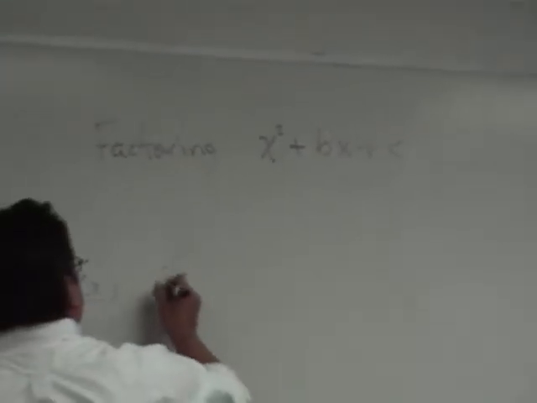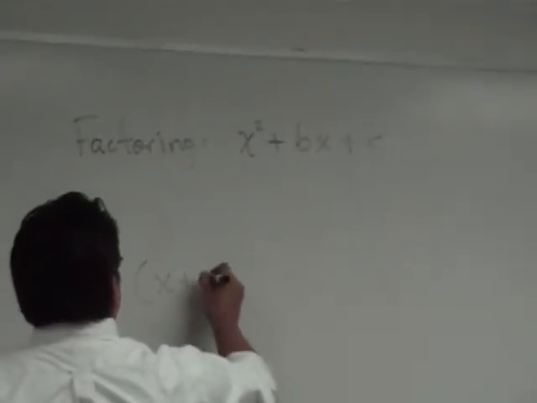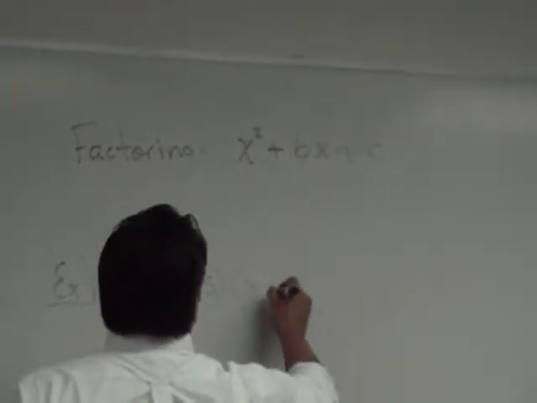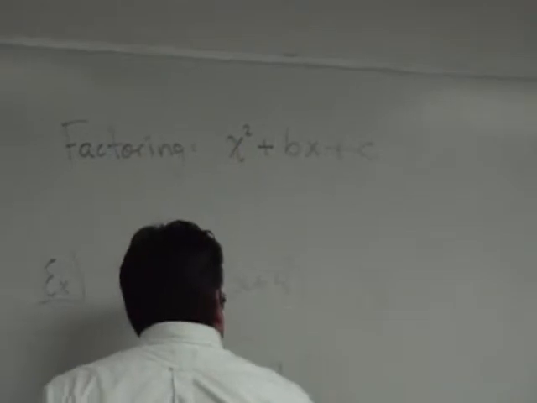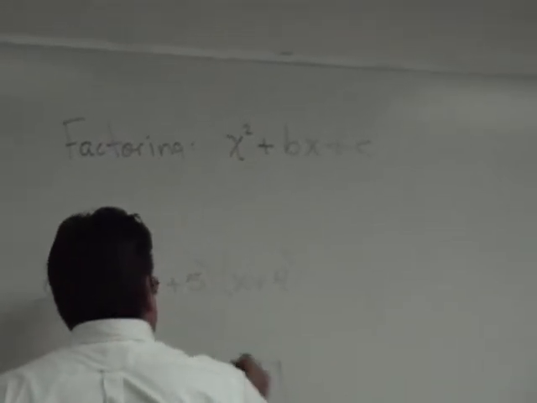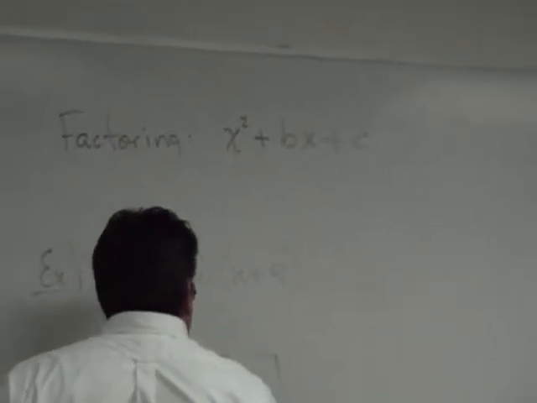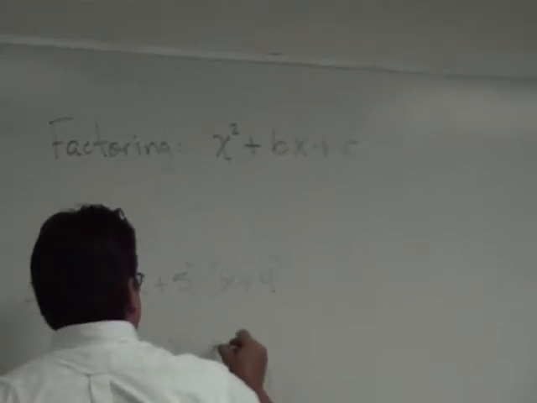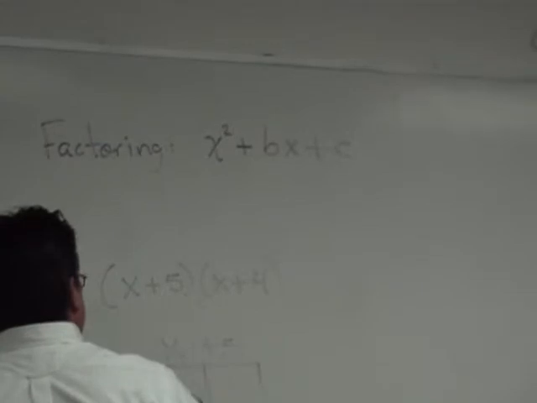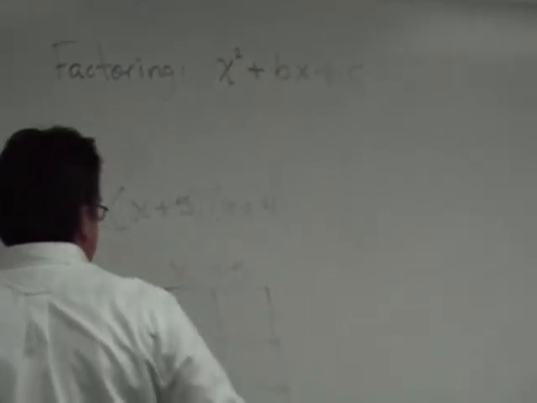Consider this product: x plus 5 times x plus 4. If we use the box method to multiply this out, I would write here x plus 5 and x plus 4.